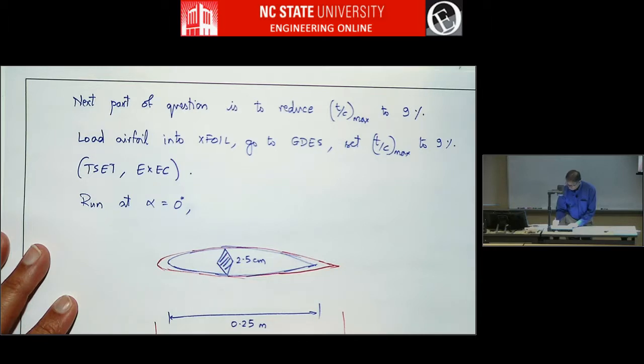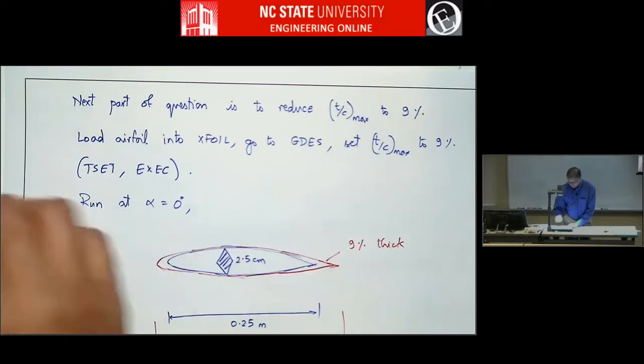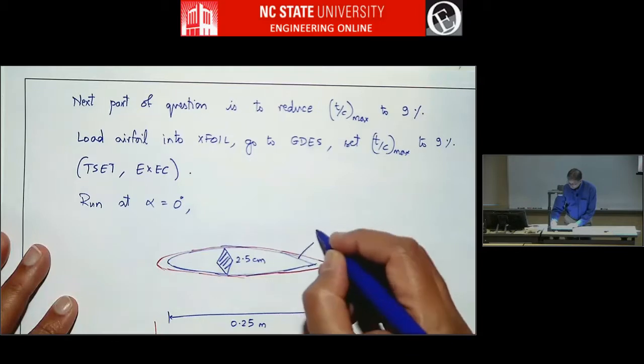Something like that, okay? I'm not doing the calculations now. So this is 9% thick. And this was the earlier one, 10% thick.